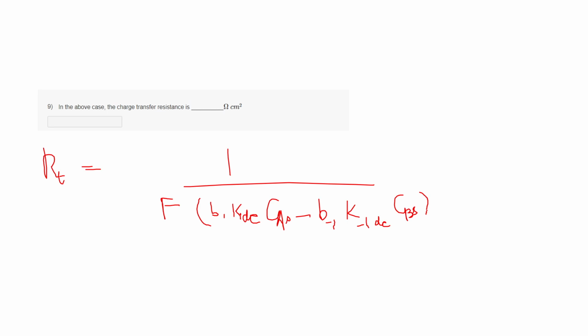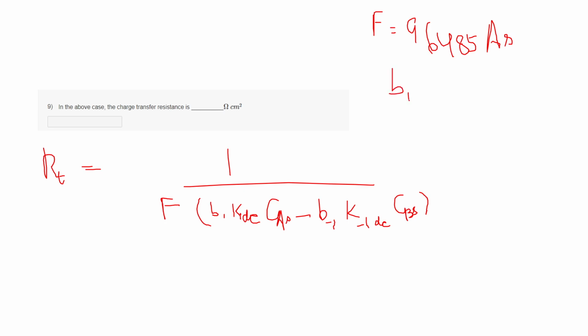Anyone has any solution how to do? So again, it's ohm centimeter square. So I'm directly going with the standard unit. So this will be 96,485 ampere second, right?